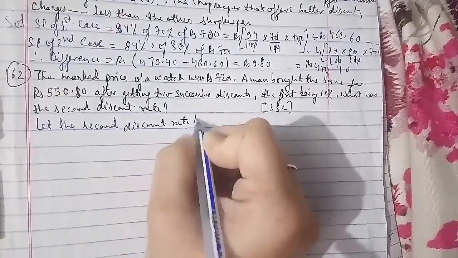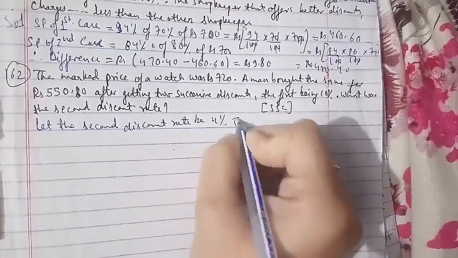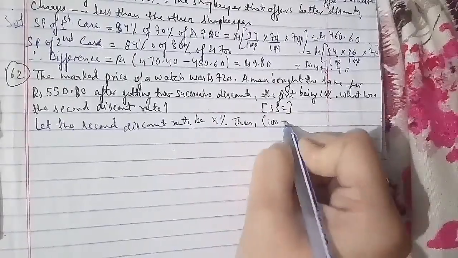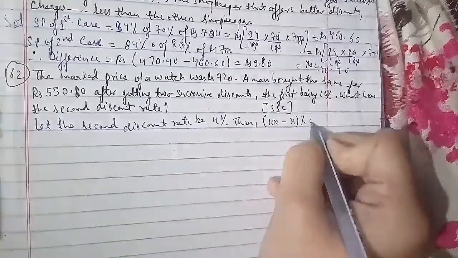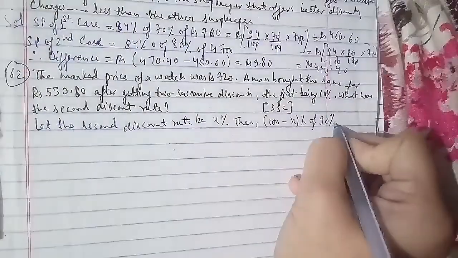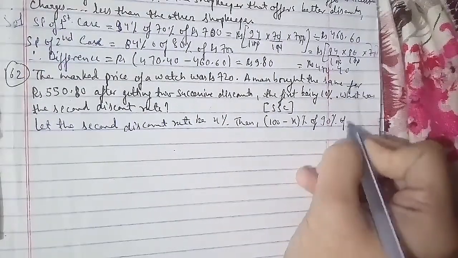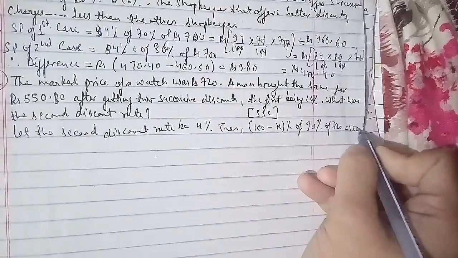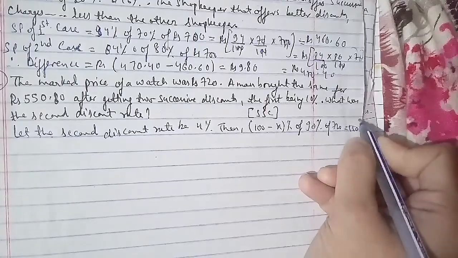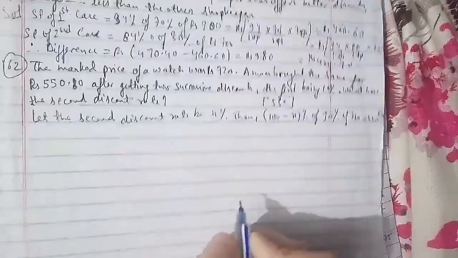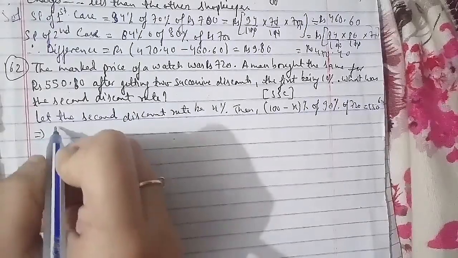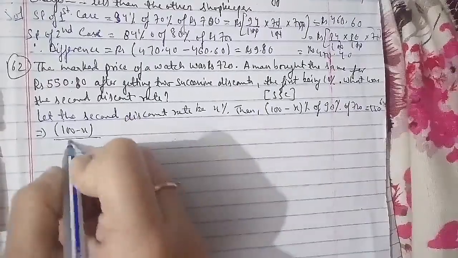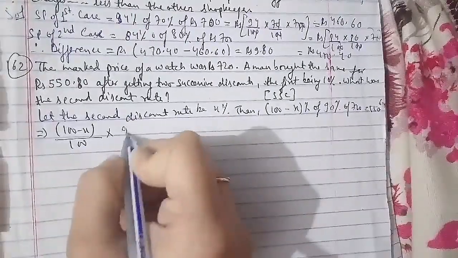100 minus x upon 100 into 90 upon 100 into 720, which is equals to 550.80. 100 minus x is equals to 55080 upon 9 into 72, which is equals to 85, and x is equals to 15, that we get as an answer.